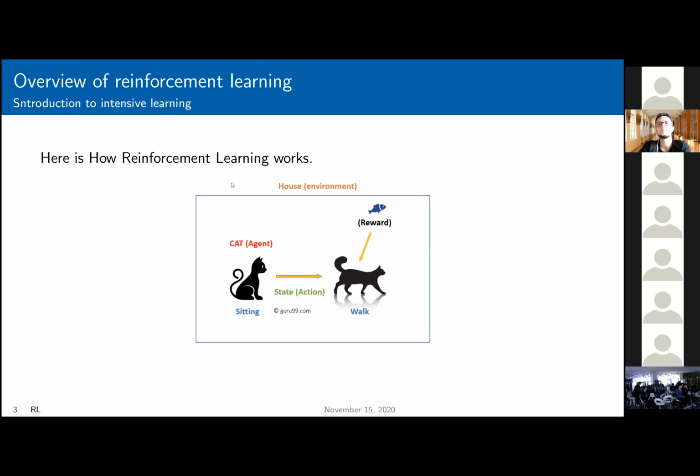For example, the cat goes from sitting to walking. The reaction of an agent is an action, and the policy is a method of selecting an action given a state in expectation of better outcomes. After the transition, the agent may get a reward or penalty in return.